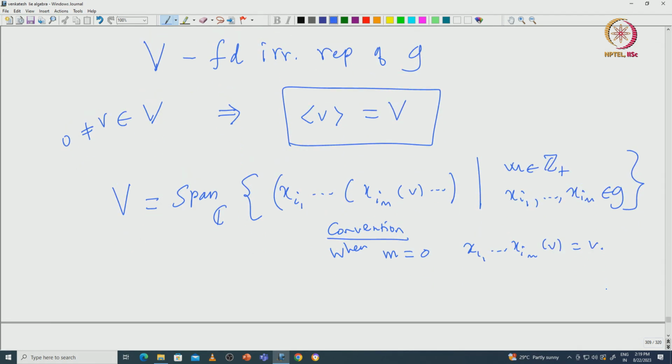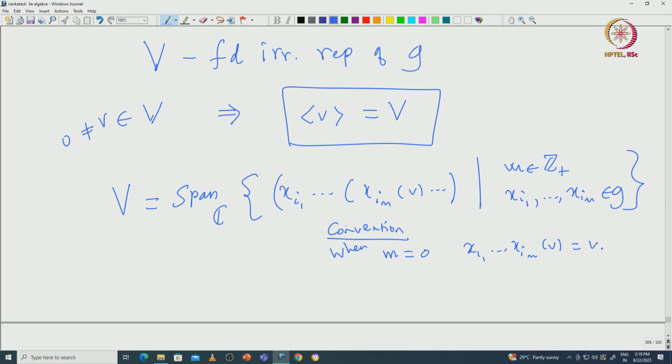So, this is very useful information about finite dimensional irreducible representations. Okay. Later, if we get time, I will talk about what is called the PBW theorem for the universal enveloping algebra of G. There we will be interested in establishing a basis that looks like this.